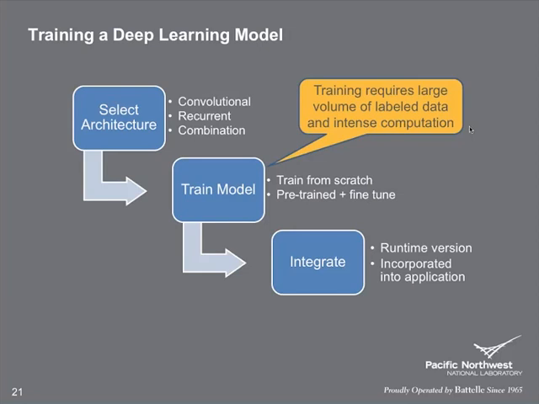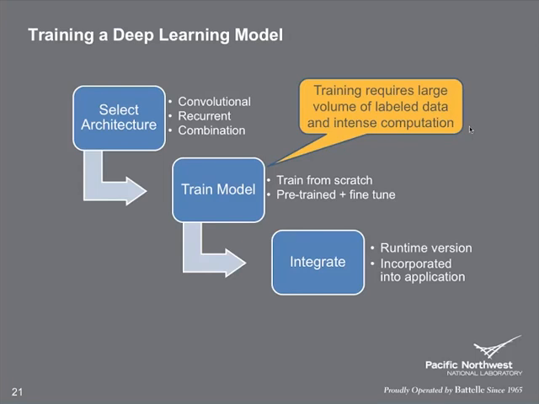The way a deep learning approach would work, for example, is that first you select an architecture, and you've probably heard of something called convolutional neural networks. That's probably the most commonly used form for detecting things in images.